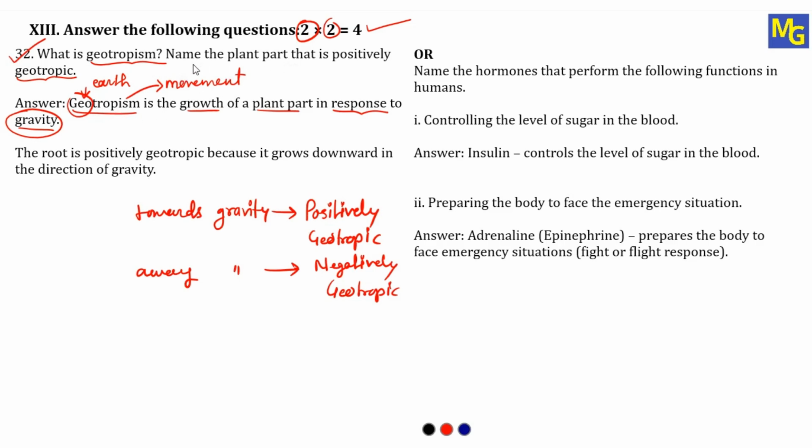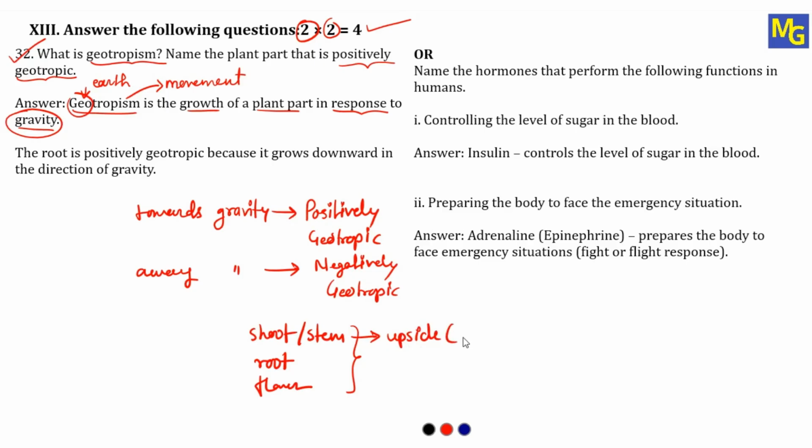In this question they have also asked to name the plant part which is positively geotropic. For the plant we have parts like shoot, or I can say stem, root, flower, etc. Stem will grow away from earth, towards upside.